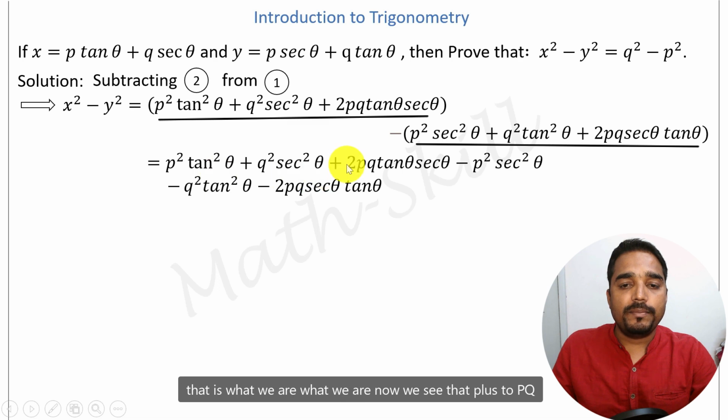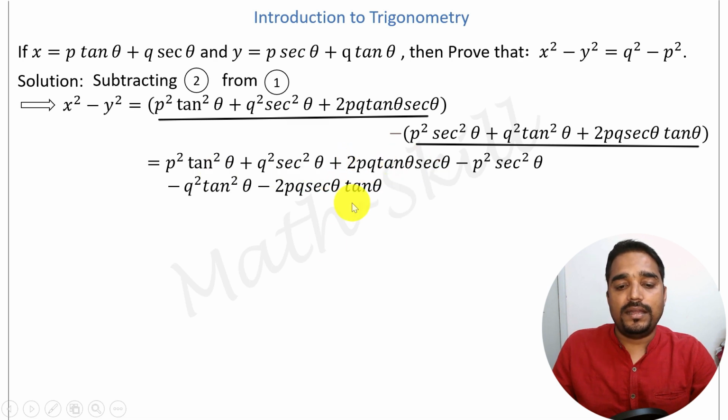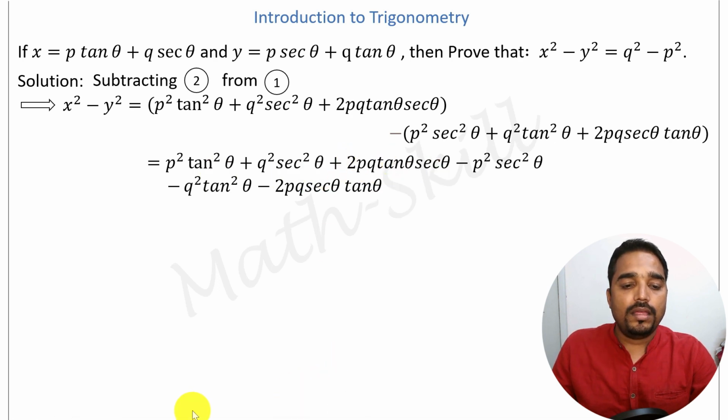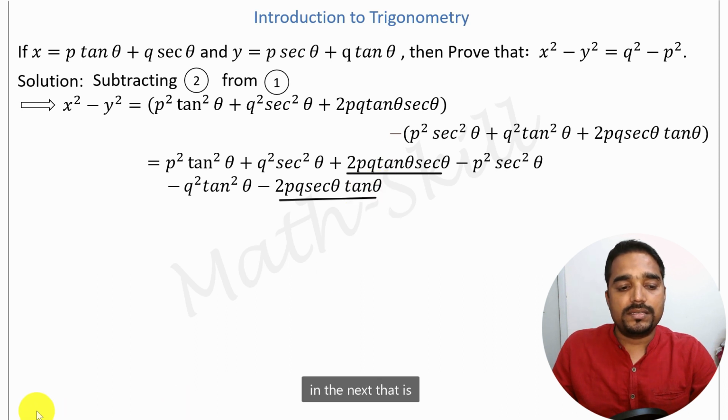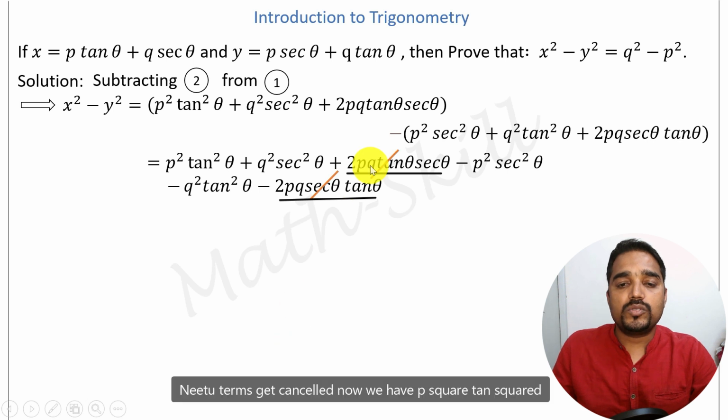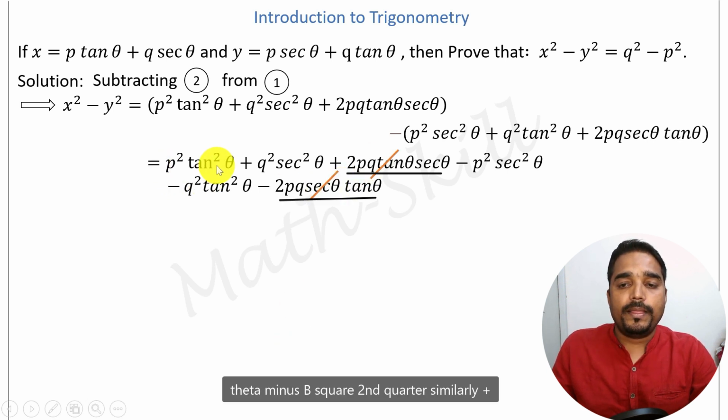Now we see that plus 2pq tan theta secant theta and also minus 2pq secant theta tan theta would get cancelled in the next step. These two terms get cancelled. Now we have p square tan square theta minus p square secant square theta.